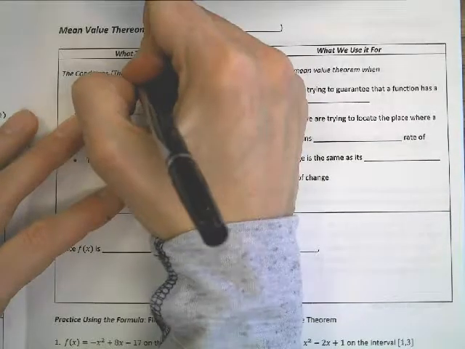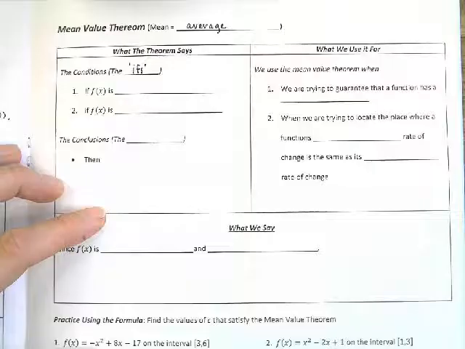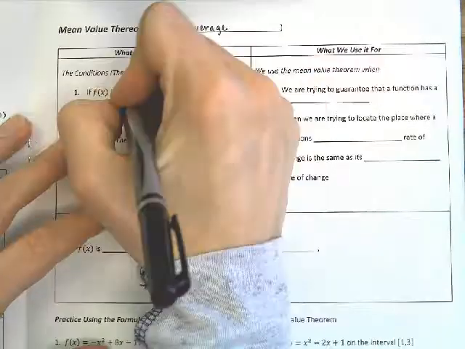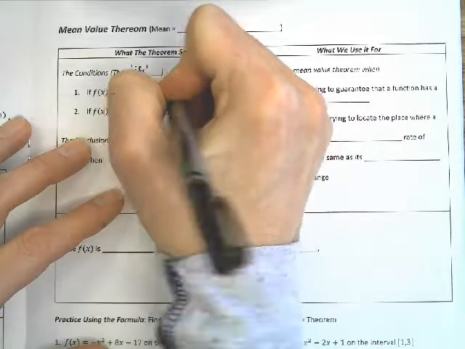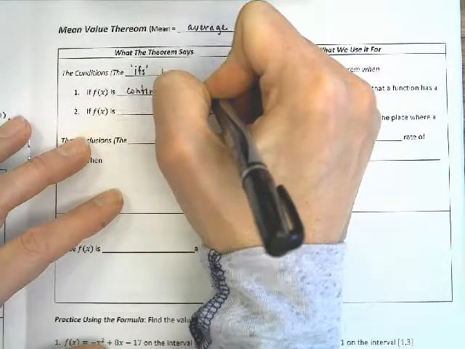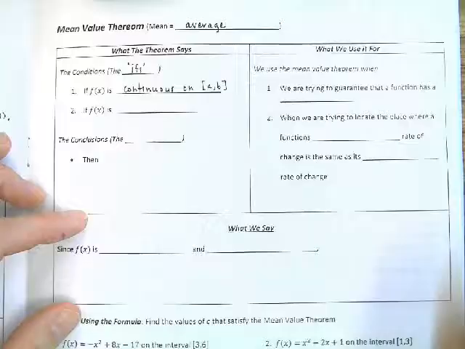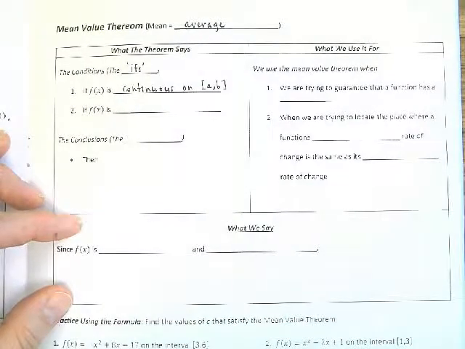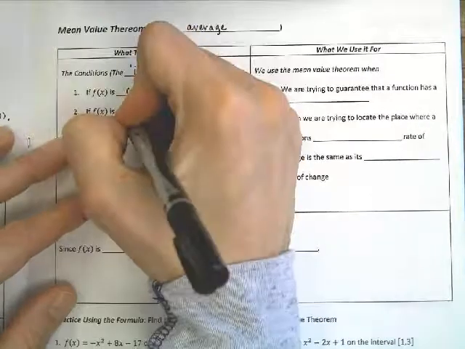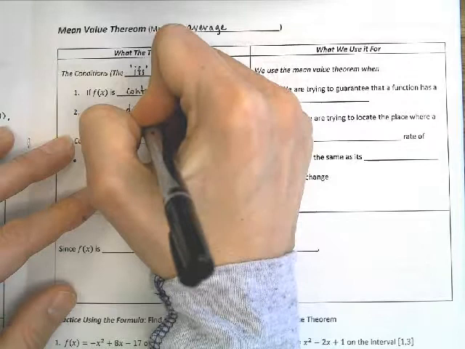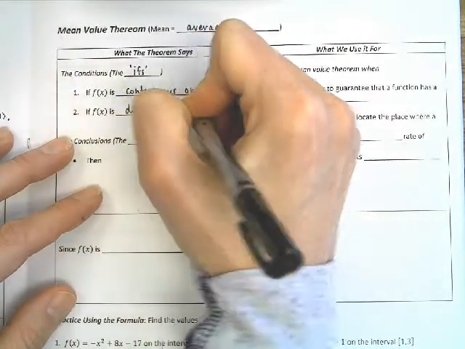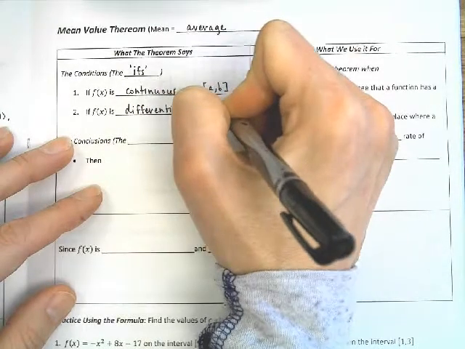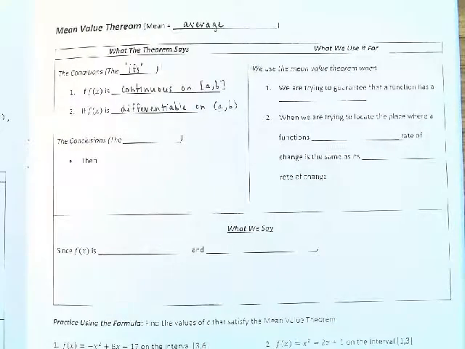So our ifs say, if f of x is continuous on a closed interval from a to b, and now f of x also has to be differentiable on an open interval from a to b.